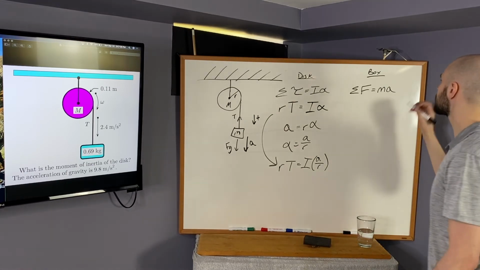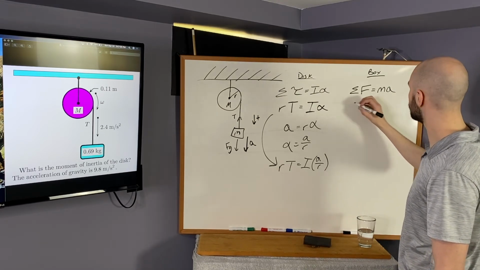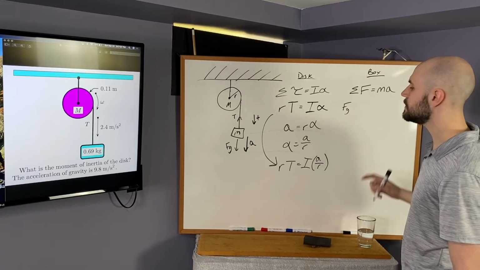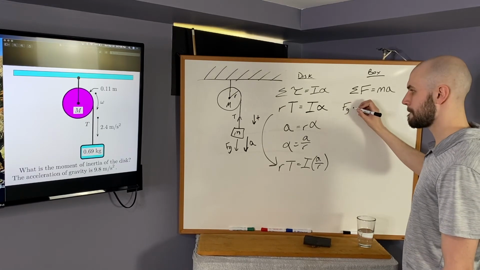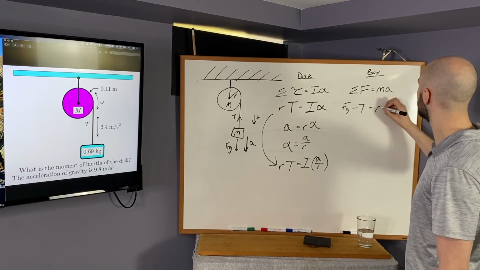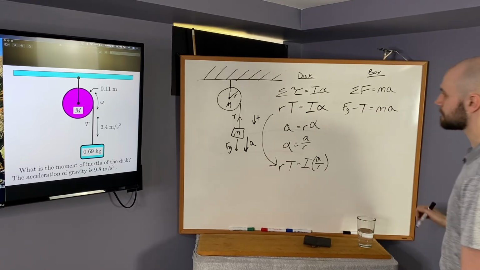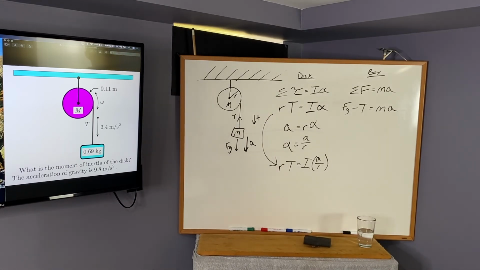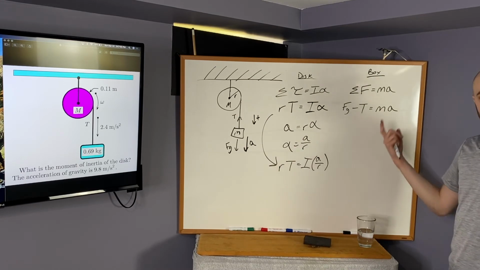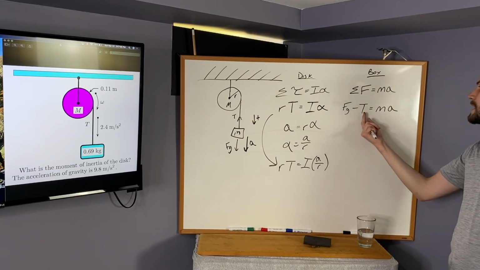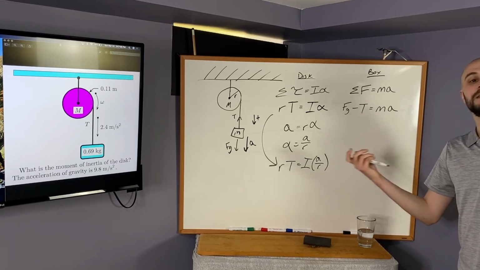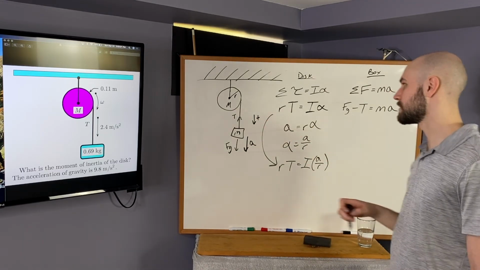Okay, so if downward is positive, then we could say that Fg minus T is equal to little m times a. And again, I'm calling down positive. That way I just don't have to plug in negative for the acceleration. If we called up positive, then all you had to do was say that it's tension minus the force of gravity is equal to m times negative a. You'll get the same answer. I'm just trying to be clever with our sign convention here.